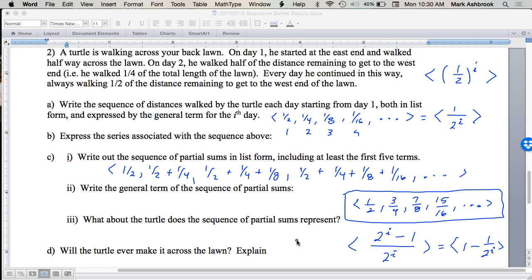Exactly. So how far he's made it after day i, right? So after day i, how far across the lawn he's made it. Which is net accumulation of distance. Okay. Question, will the turtle ever make it to the wall, the west side? Yes or no? Stay tuned. We'll answer it mathematically.